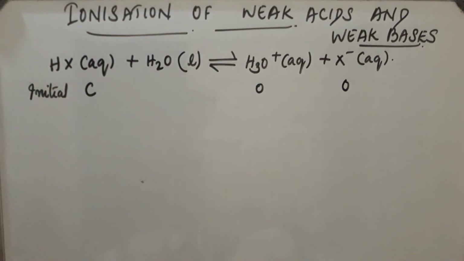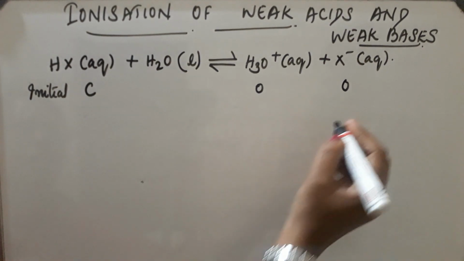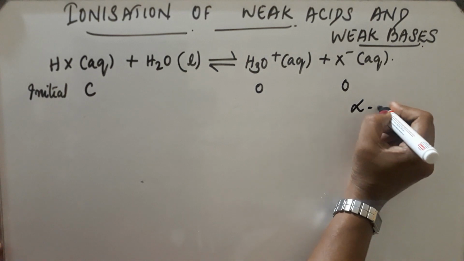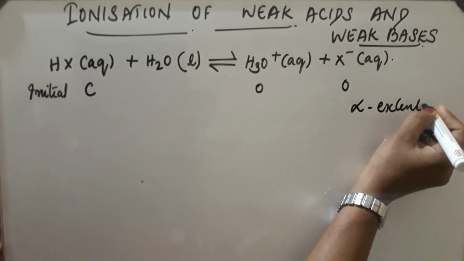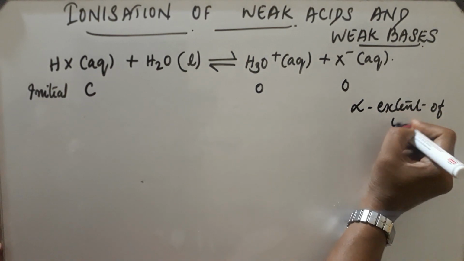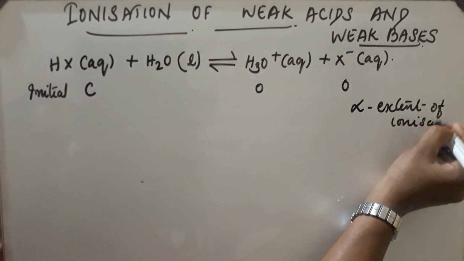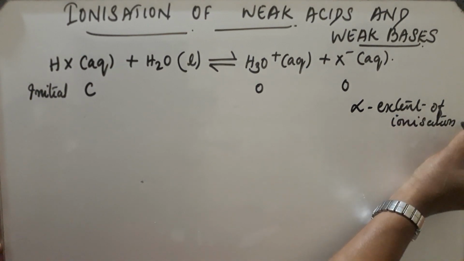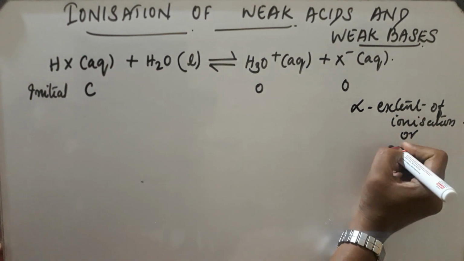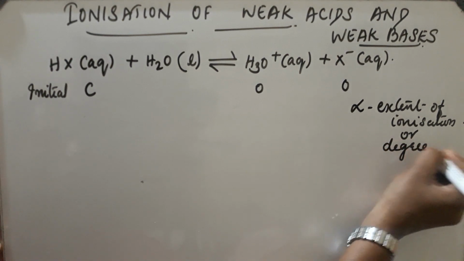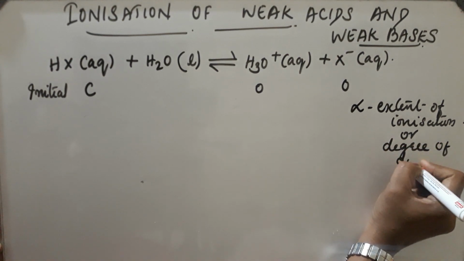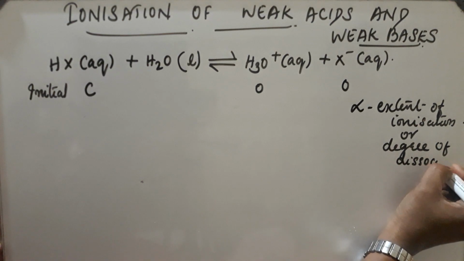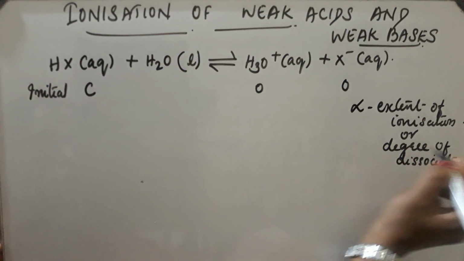Before that, let alpha be the extent of ionization, or we can say degree of dissociation.